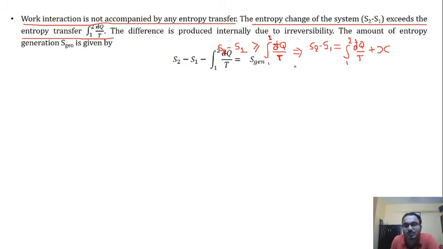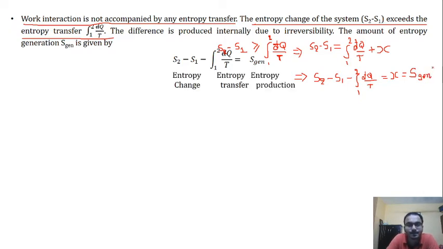So let me take that integration part on the left hand side, that is S2 minus S1 minus integration 1 to 2 d cut Q upon T equal to x, and this x, as you can see in this formula, is nothing but S generation.